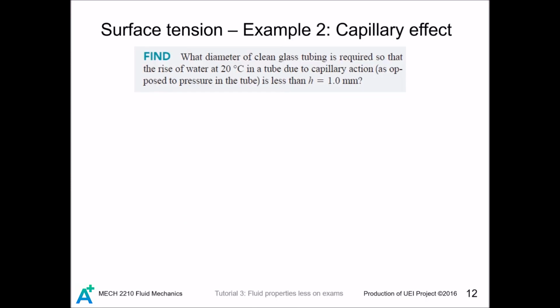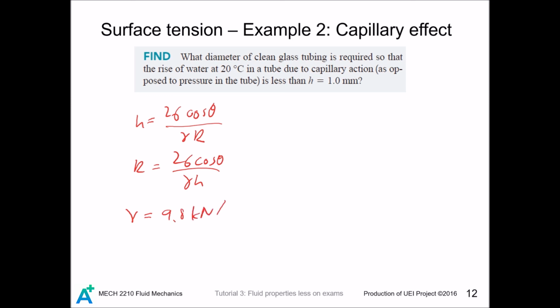We have just derived h equals 2 sigma cosine theta divided by gamma r. So r equals 2 sigma cosine theta divided by gamma h. And we recall that gamma for water is 9.8 kilonewton per meter cube, and theta equals 0 for clean glass.